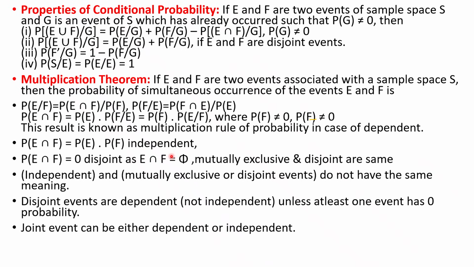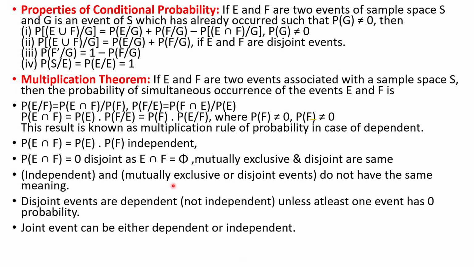Now, when it is independent, then this intersection will give you directly the product of the independent event probabilities, that is P(E) into P(F). Okay. In case of disjoint, E intersection F becomes phi, so this probability also becomes 0. And mutually exclusive and disjoint have the same meaning. Now, independent and mutually exclusive do not have the same meaning.